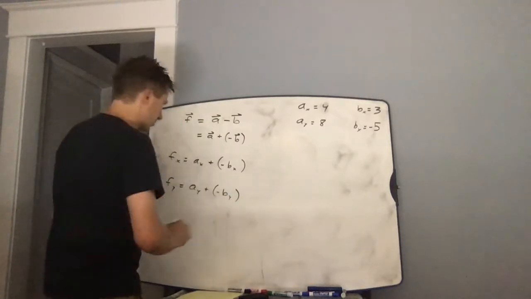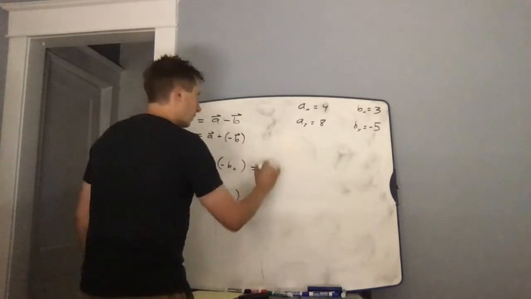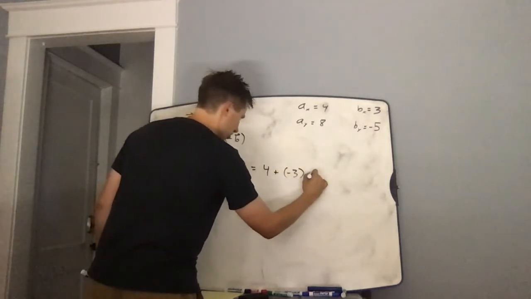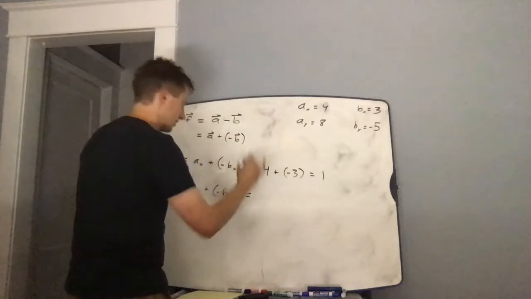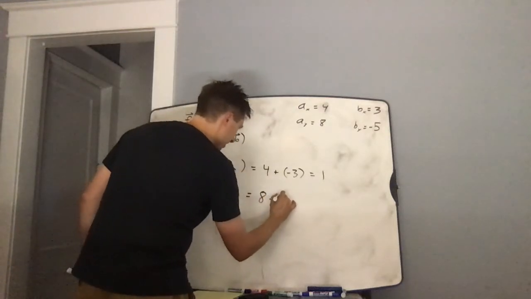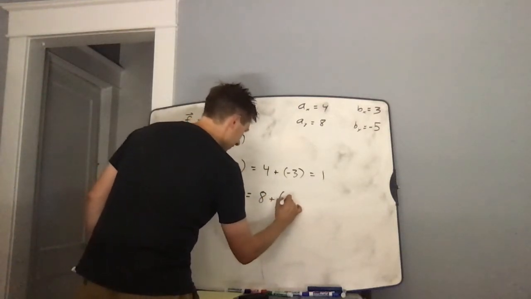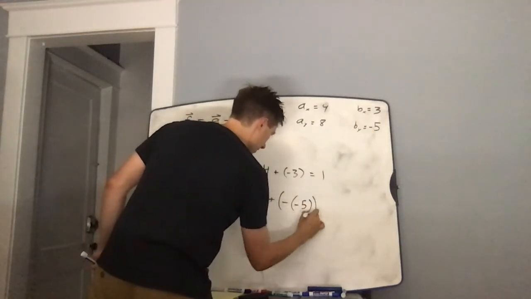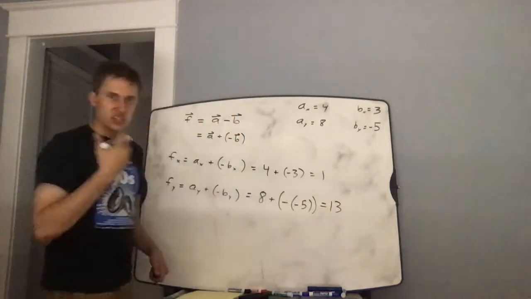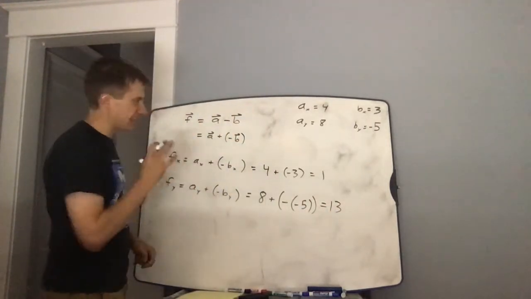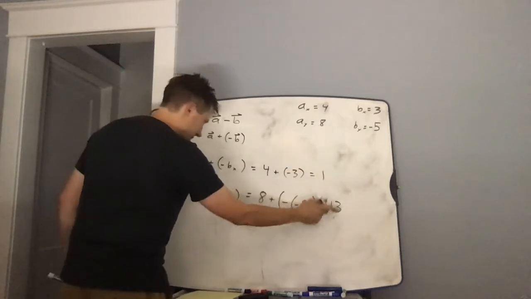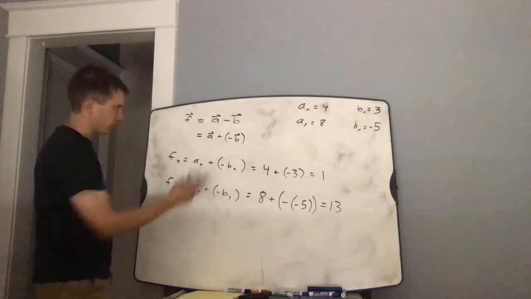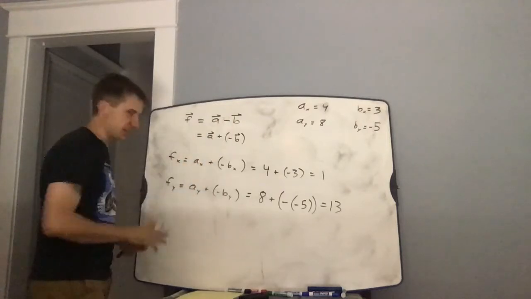So at this point, I would say this is equal to 4 plus negative 3, which is 1, and this is 8 plus negative 5, which is equal to 13. So again, we still have the exact same components of vector f. We just worked it out a little more in the spirit of a minus b is really a plus negative b.